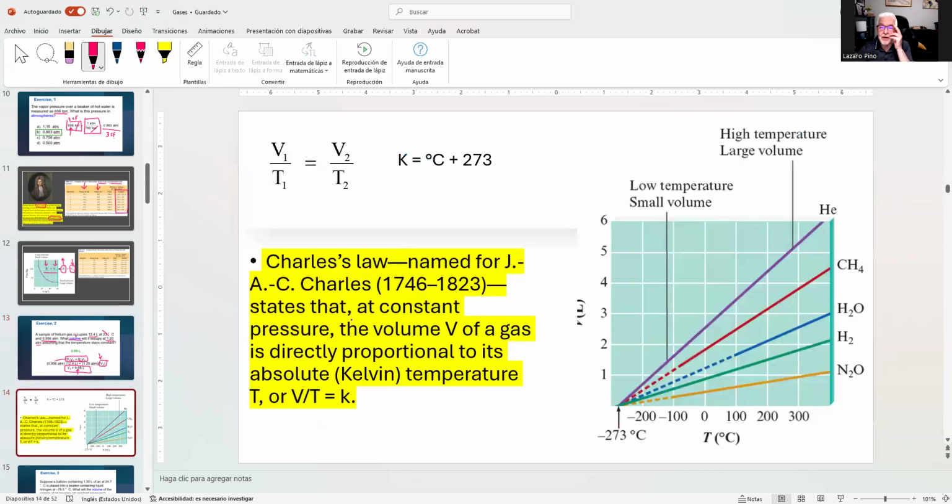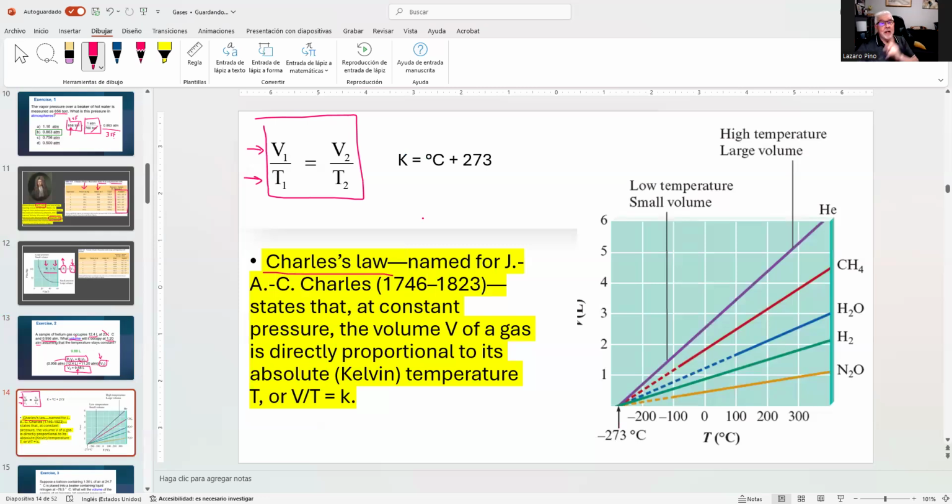Here we have another law. This is the Charles law. He observed that when the volume increases, the temperature of the gas increases. So they are directly proportional. And he got this structure.